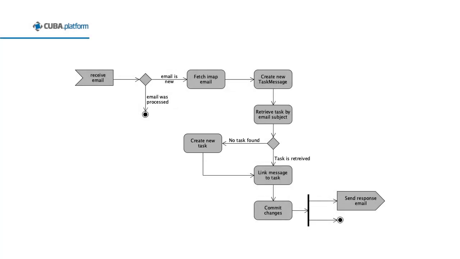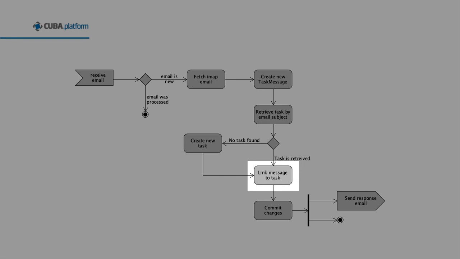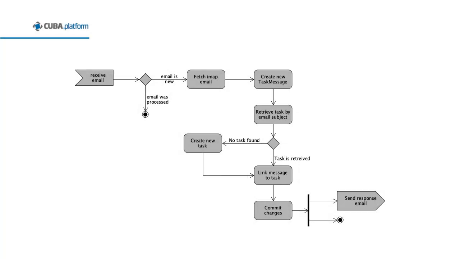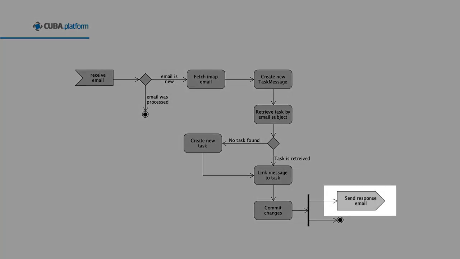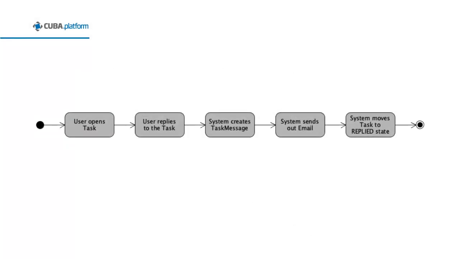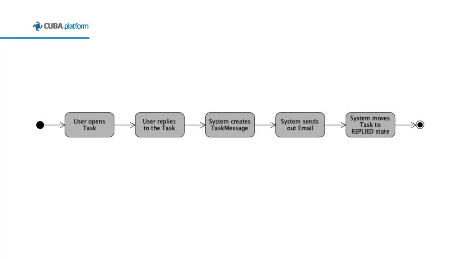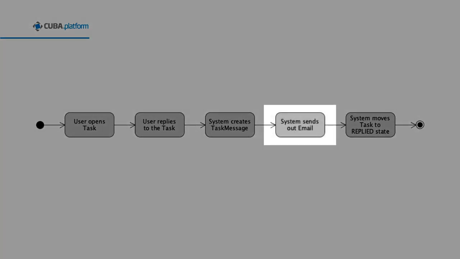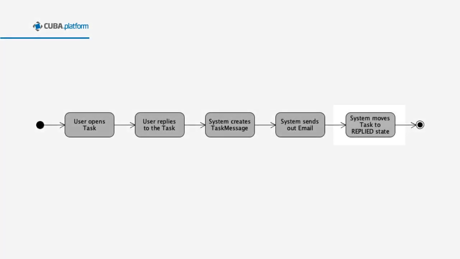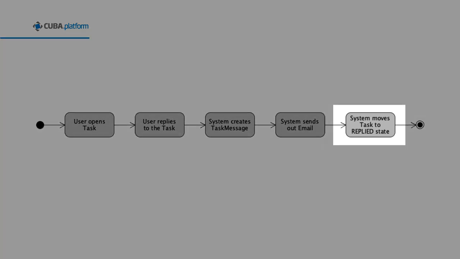After that, this inbound task message is linked to the task, and the appropriate confirmation email is sent to the customer. A user can reply to a task by creating a new task message with UI. This creates an email, sends it out to the customer or task reporter and moves the task to the replied state.